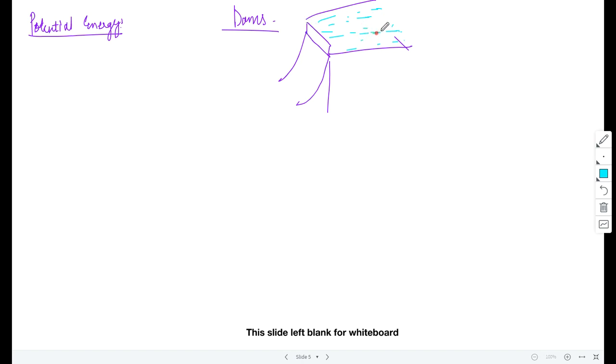Now, this water is under great pressure. What great pressure? First of all, it is above the gravitational force. It is above the sea level. We have a sea level and it is far above the sea level, right? So it is working against gravity here.